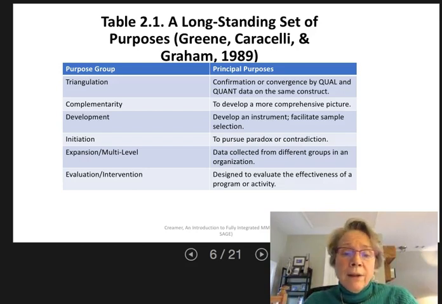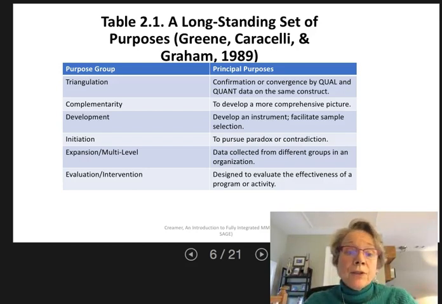Triangulation is kind of like the classic bedrock. I don't think it is the most synergistic use of mixed methods, but it is a classic reason that it is used, particularly in quantitatively dominated disciplines. Many disciplines use it only for this purpose.